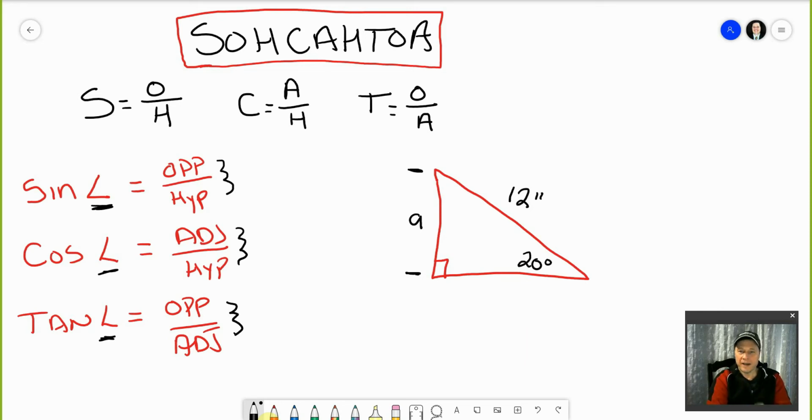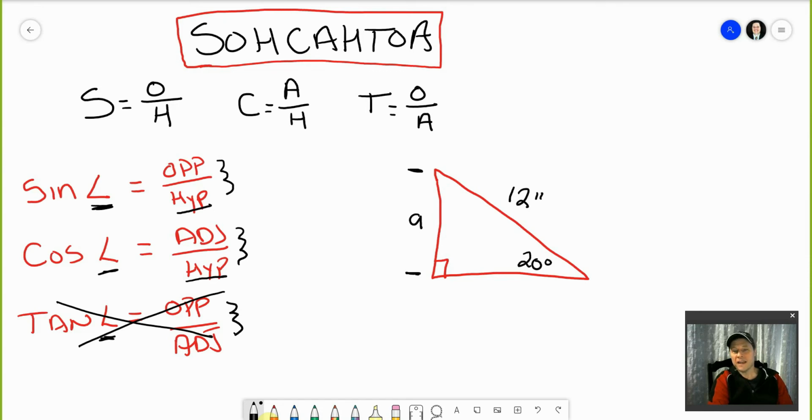Well, we know the hypotenuse. So we need a formula that has hypotenuse in it. Sine has hypotenuse and cosine has hypotenuse. So tangent is not the trig function we're going to use, because it does not have hypotenuse in its formula.